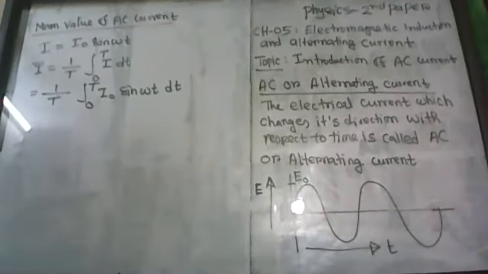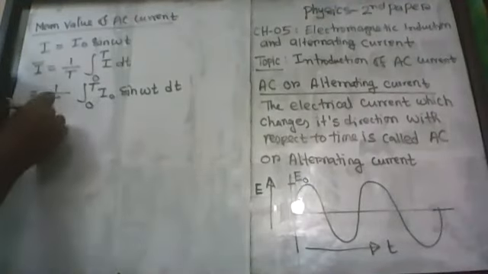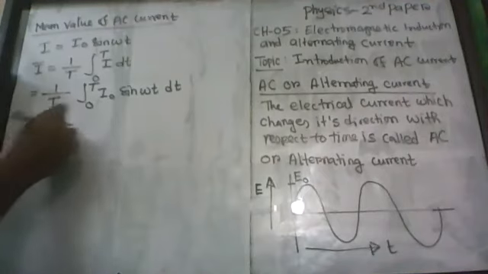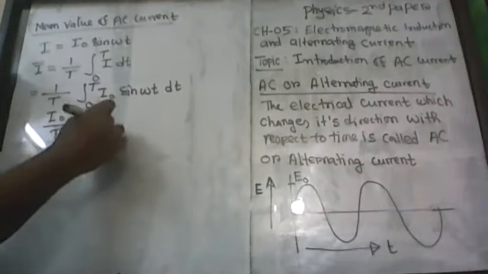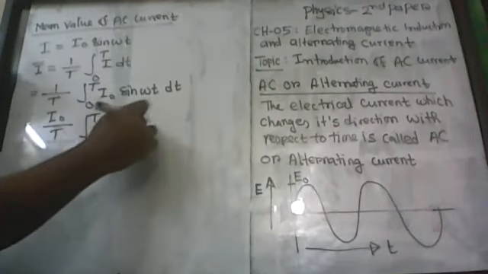You know that here I naught is a constant function. Since I naught is constant, it comes out of the limit of integration. So I can say I naught divided by T, 0 to T, sine omega t dt.